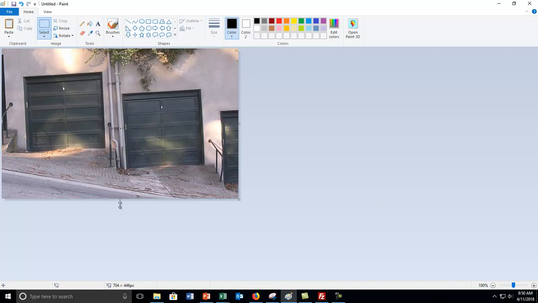So if you look at these doors, you can see from the door itself, you actually get a pretty good idea of the grade. I mean, here's a step. There's a step. There's a step. So what I'm going to do is draw, as well as I can on this little ghetto picture, the grade.